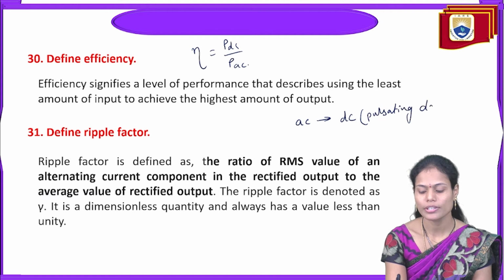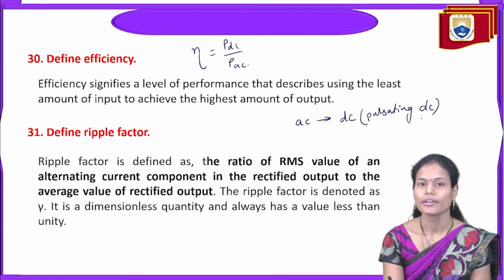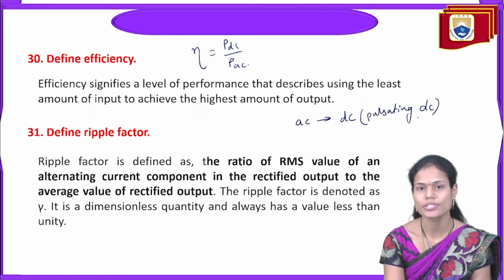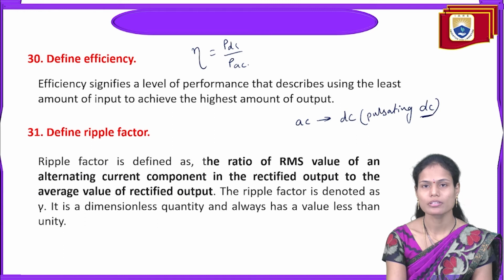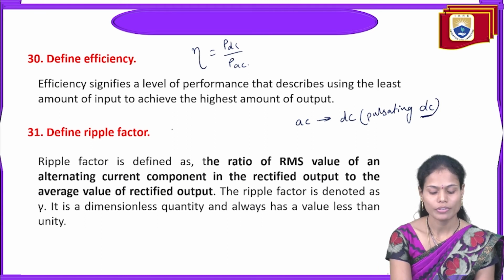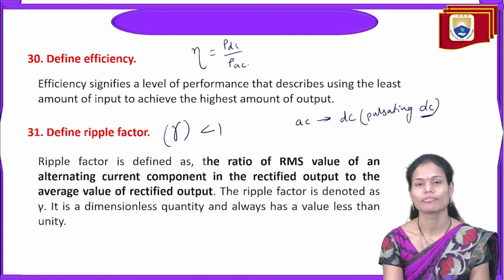Pulsating DC means some amount of AC is also present in this DC. To estimate how much AC content is still present in this DC indicates the ripple factor. This value is always less than 1. We will indicate it with gamma. This value must be less than 1.